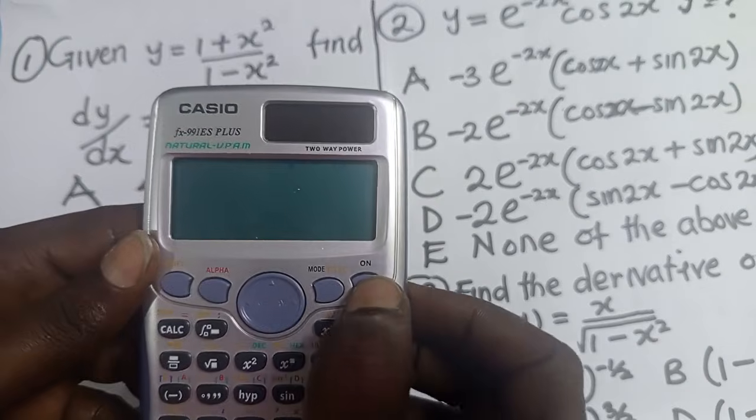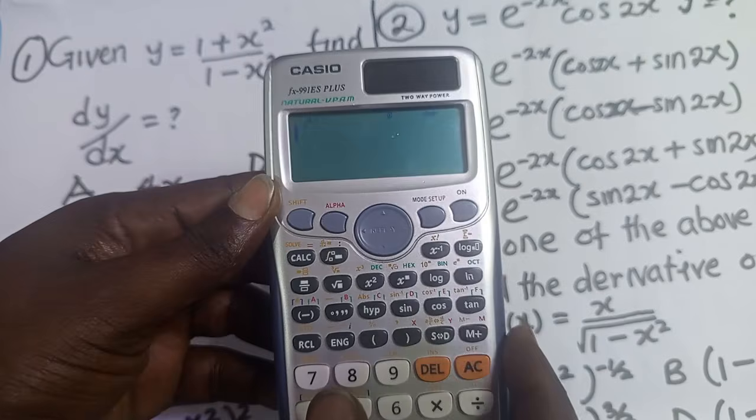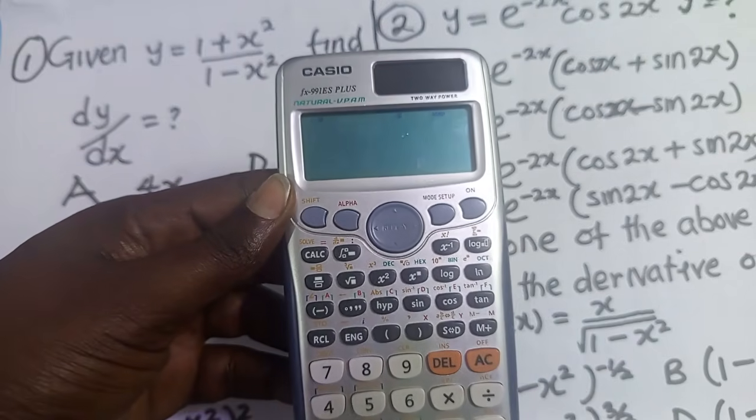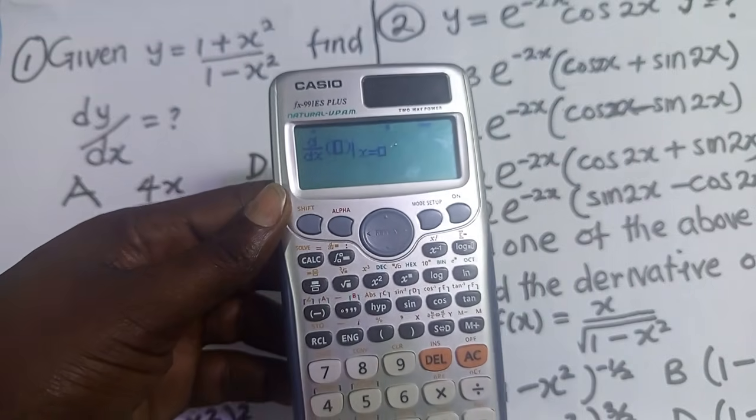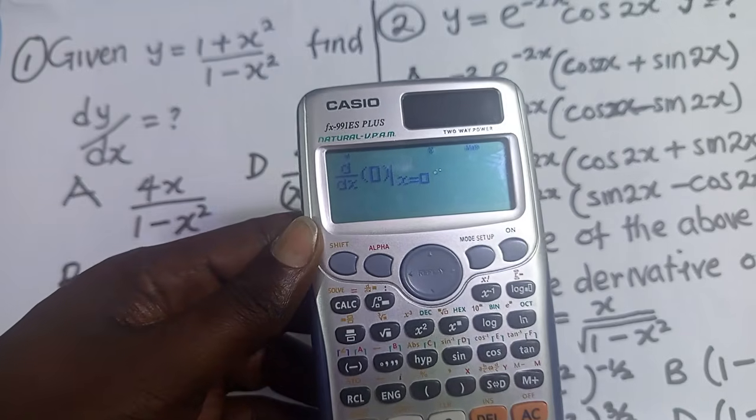So, what I want to do now is, first of all, on your calculator, press shift and press the button under alpha. You see something like this will come up.